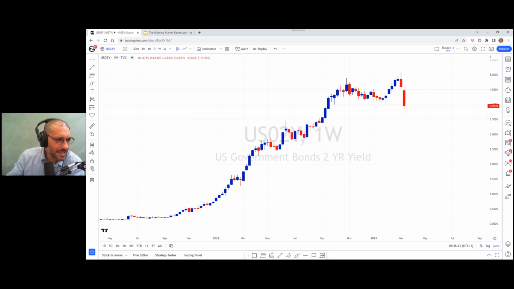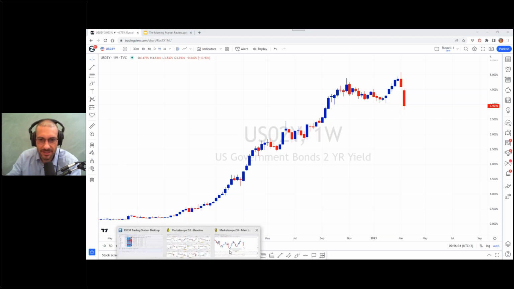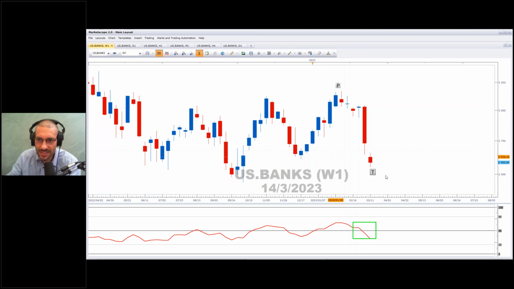So yes, there's worries over contagion. That's what we've seen in this chart here. We've seen it come down. We've seen the US banks lose their uptrend, and it's not just lost its uptrend, it's lost it in one fell swoop.